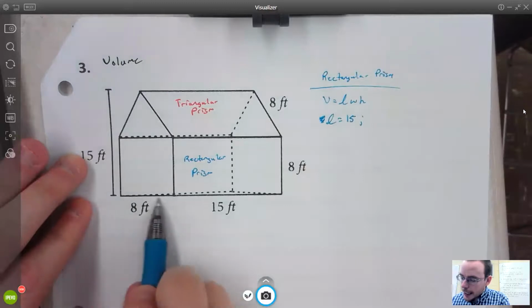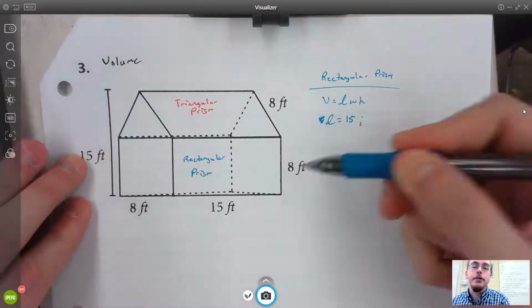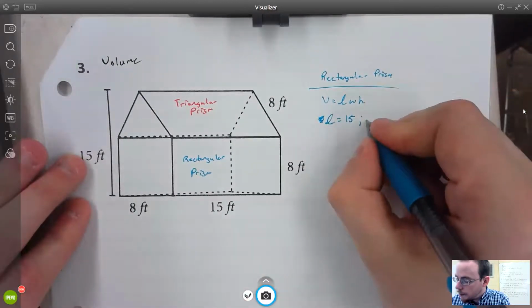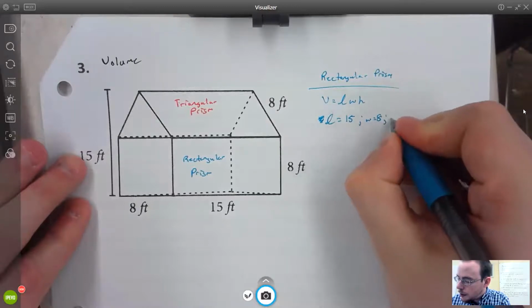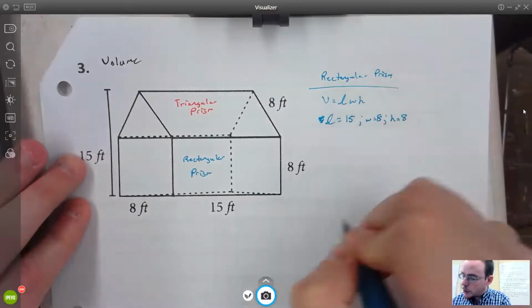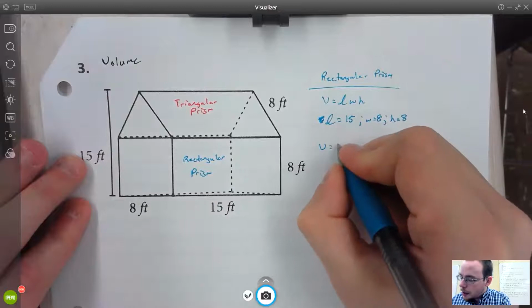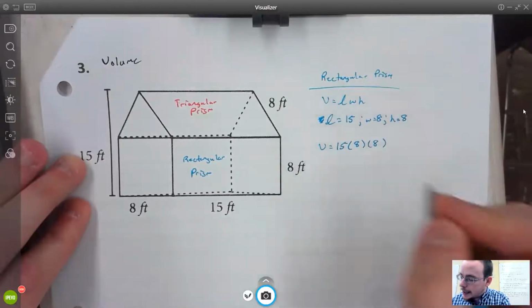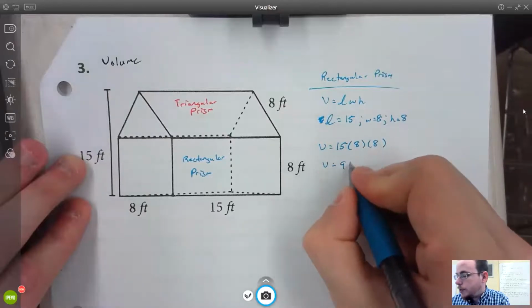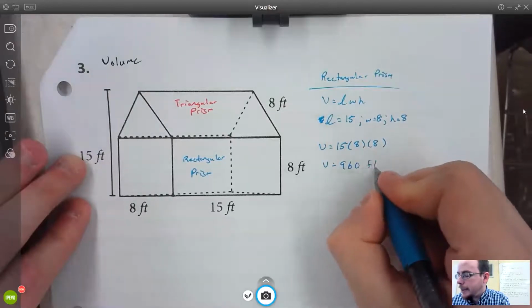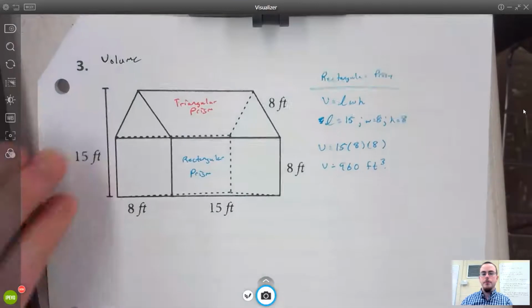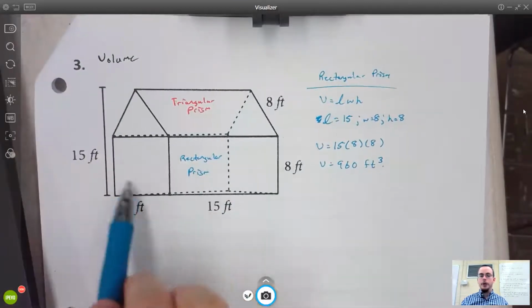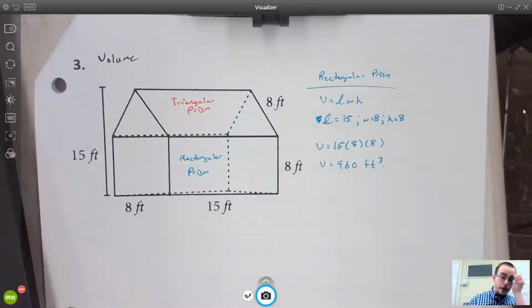The width is 8, and the height of the prism is 8 as well. So we plug those in. Length times width times height is 15 times 8 times 8. And when you do that, you get 960 feet cubed. So that's the volume of your rectangular prism.